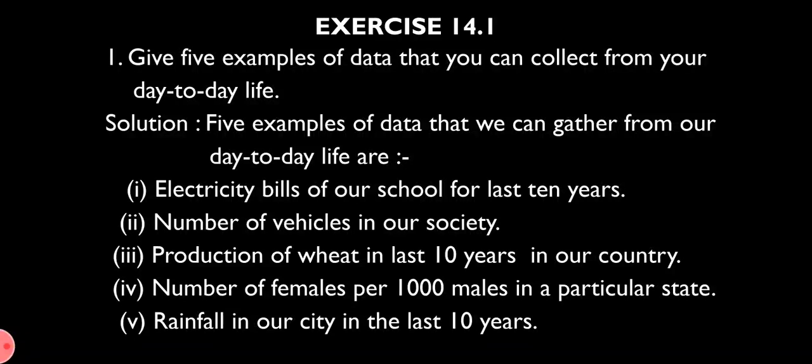Similarly, the 4th example, number of females per 1000 males in a particular state. This is also stored information in the respective source, so we have to collect it from there. So it is also secondary data. And number 5, rainfall in our city in the last 10 years. This also already has records kept, and we only have to collect the information from that ready-made record. So this is also secondary data.